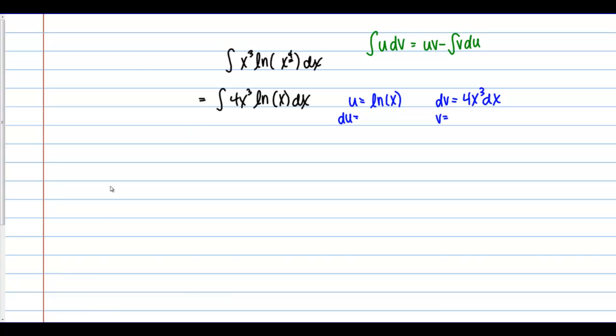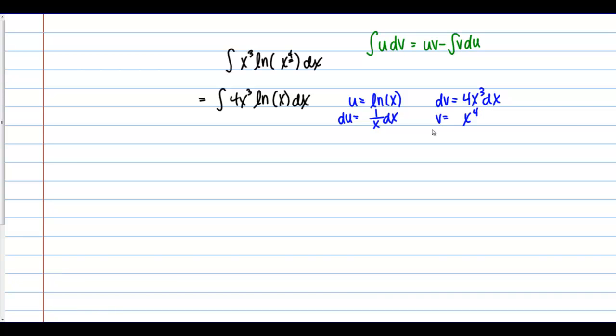If I let u equal the natural log of x, I take its derivative to get du, which is 1 over x dx. Then I integrate 4x cubed dx to get v, which should give me x to the 4th.